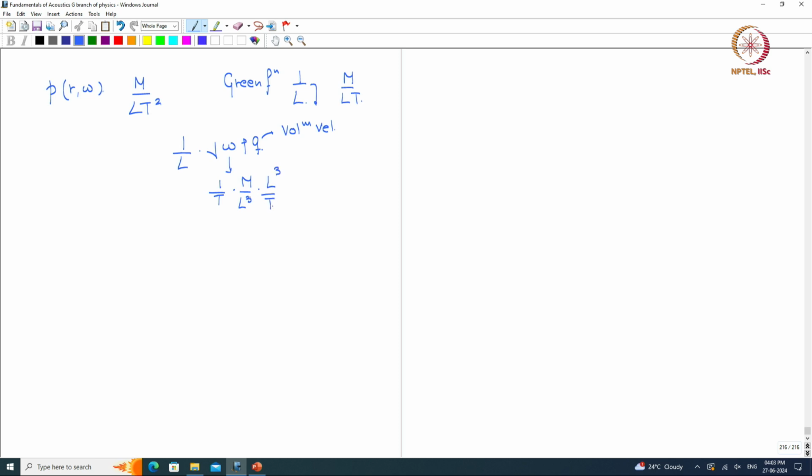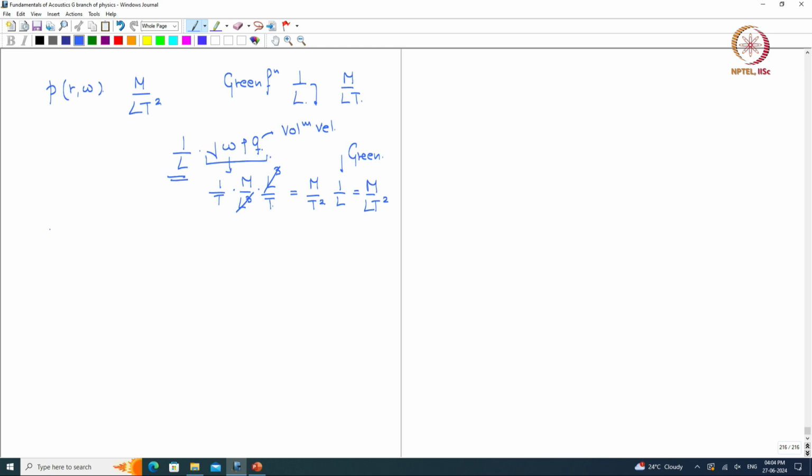So now I have added what? M by T square. So when I add m by T square to 1 by L, I get m by L t square. This is the Green function. So this has to be added to the 1 by L.